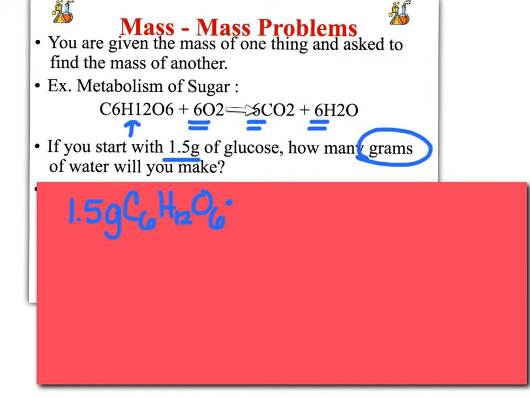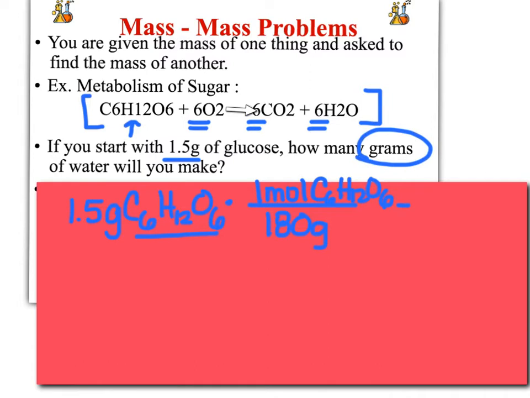We already learned that if we have moles, we know that we can relate glucose and water to one another in the equation. But the first thing we have to do here is we're going to have to change our grams of glucose to moles of glucose. So 1 mole of glucose, we would go to the periodic table, and I'll save you time. It weighs 180 grams. Again, that would come from weighing the weight on the periodic table.